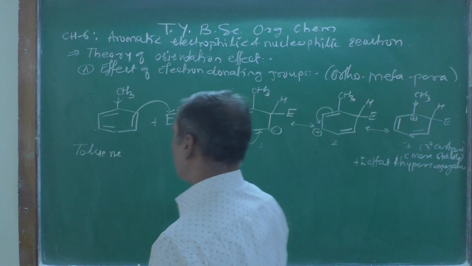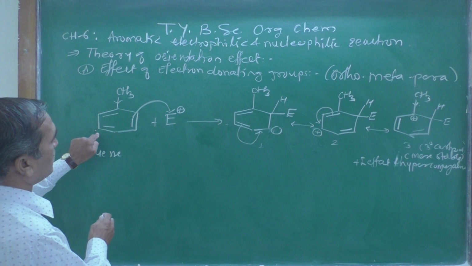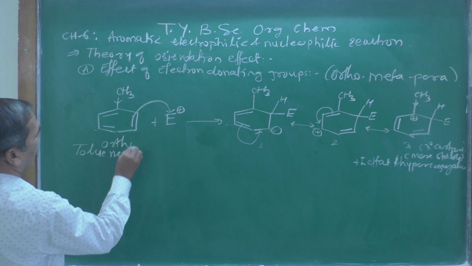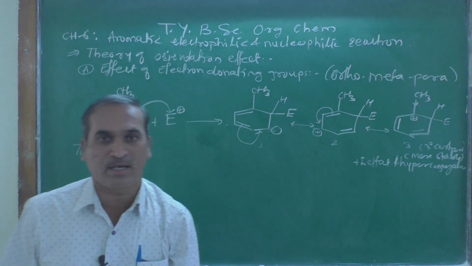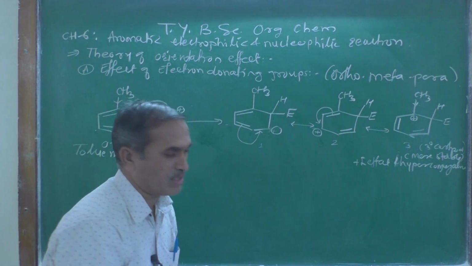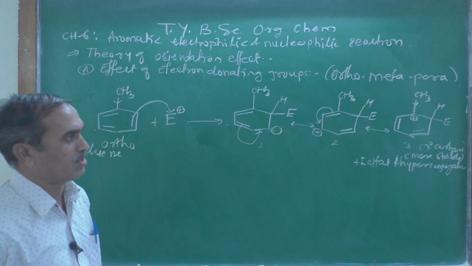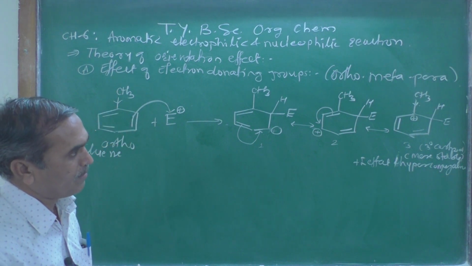Now let us see, this is what we can call the ortho attack of the electrophile. We are getting a number of such resonating structures. Out of those 3, if you observe this structure carefully, what do we see?